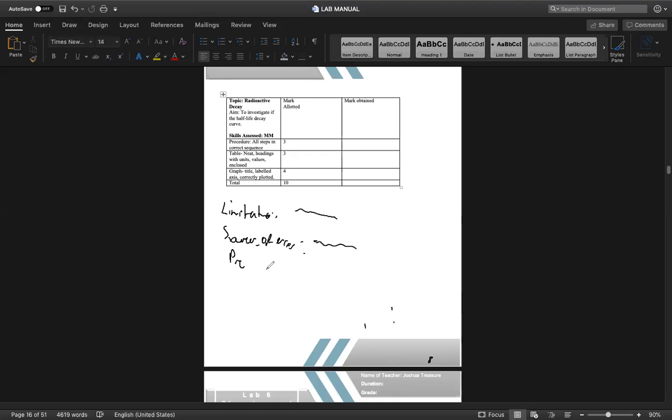So you would come up with these based on your experiment. And you remember you can discuss these with your other classmates.